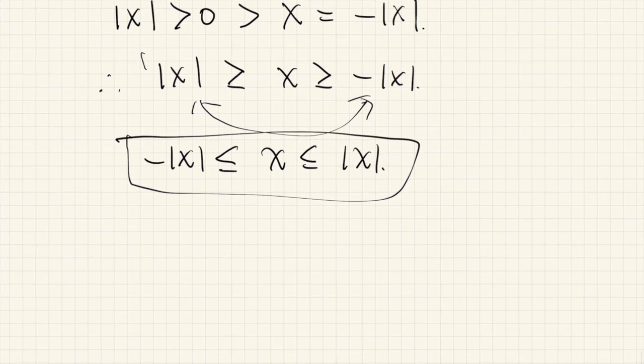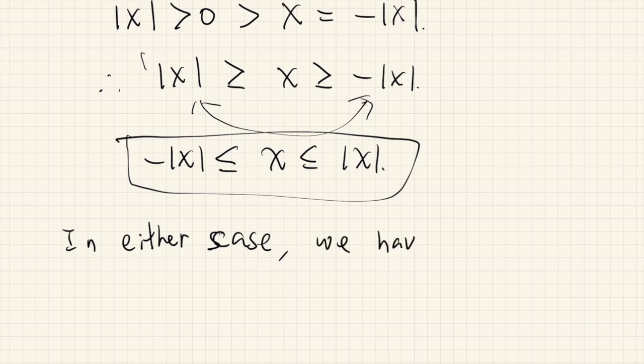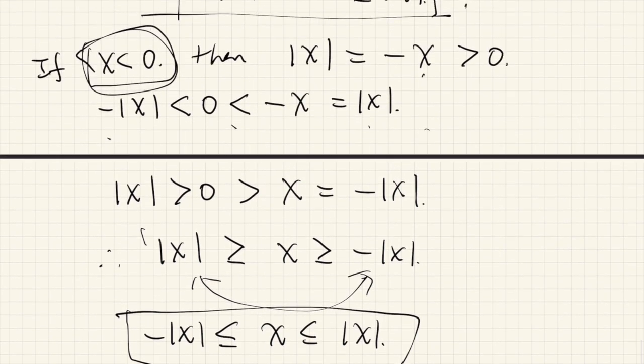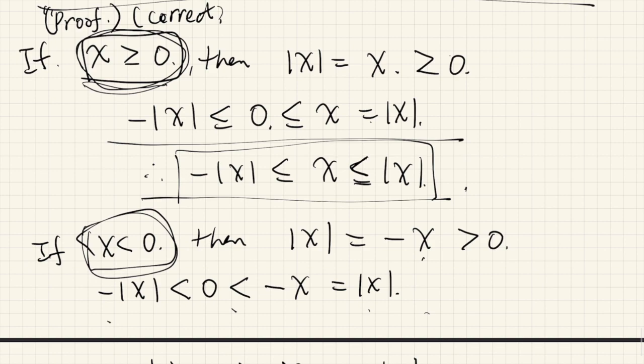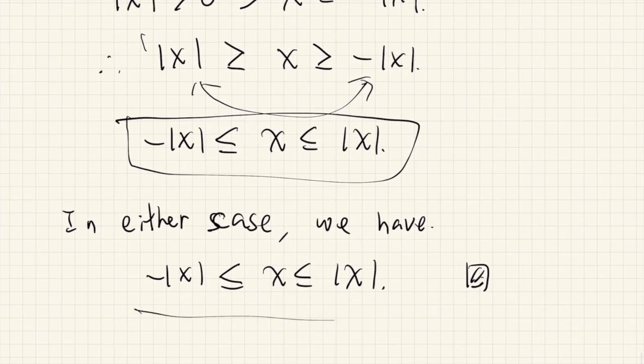Therefore, in either case, we have the desired inequality. And we are done. Here we didn't mention any specific number, so x can be any real number. So this holds true for any real number. That's why this proof is correct.